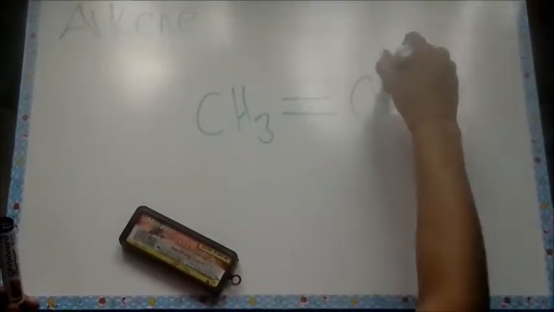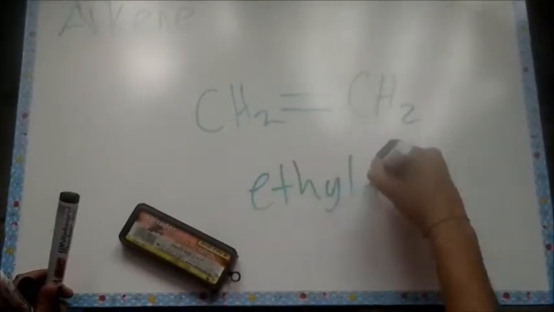An alkene is a hydrocarbon chain that contains one or more double bonds between carbons, but no triple bonds.